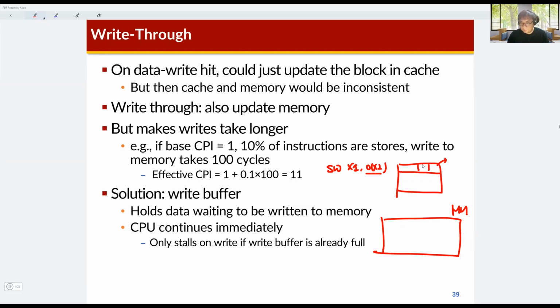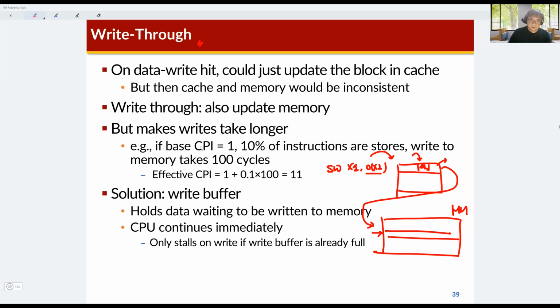And I said a part of the data can be updated in the target cache block, and this is some other address space of the main memory. So write-through means that when a write is performed to the cache, this update to the cache is immediately updated to the main memory also.